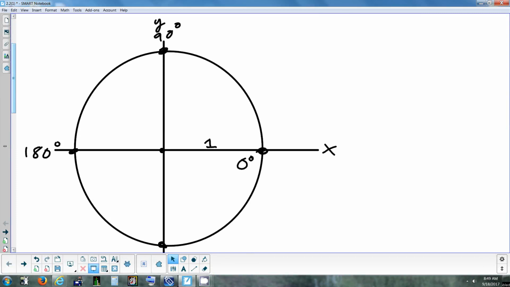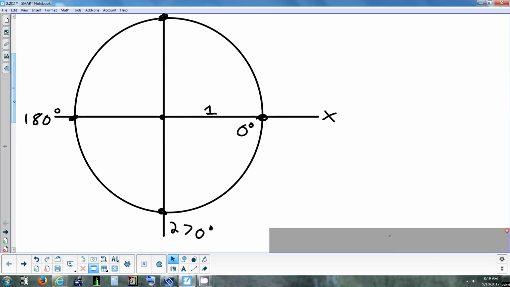Going around the circle, I've labeled 4 different angles: 0, 90, 180, and 270 degrees. Now, all those angles that I labeled are special because they're right on the axes.